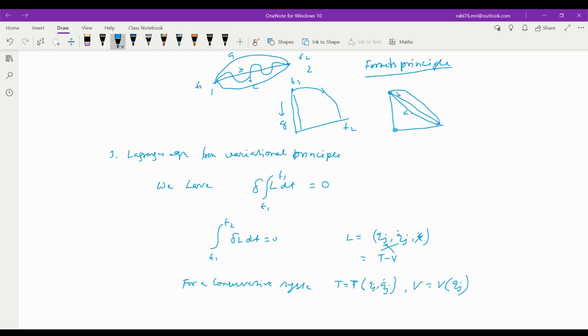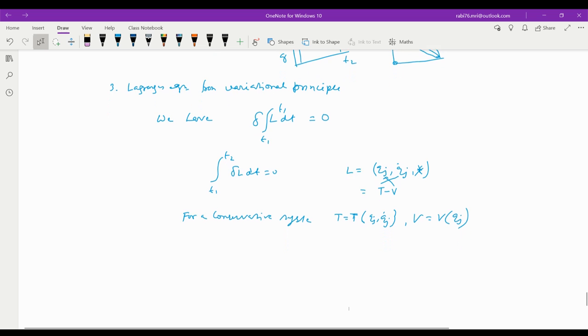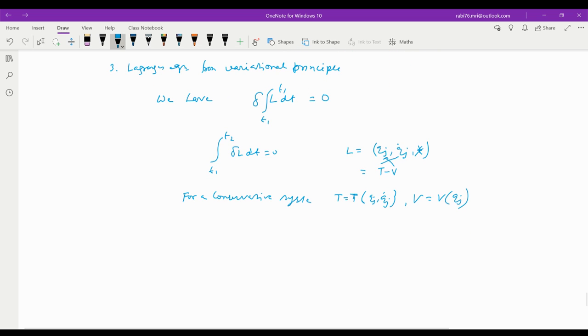And it will not be quadratic in generalized velocity. Now, so delta L will be delta T minus delta V. That will be equal to summation over j of del T del qj delta qj plus del T del qj dot delta qj dot, minus del V del qj delta qj, right?